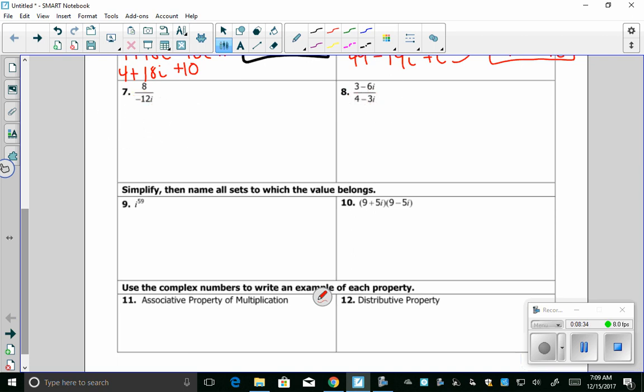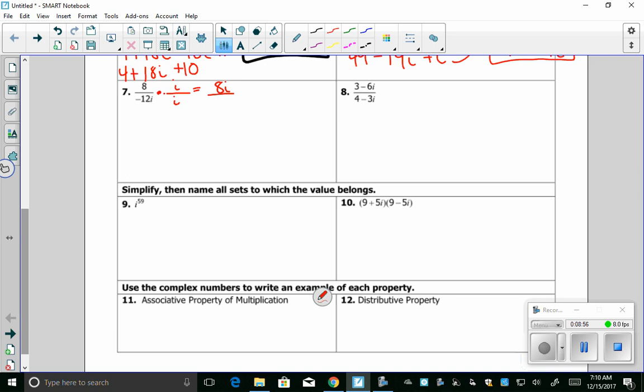So for number 7, if I just have one number on the bottom, you multiply top and bottom by i, because we don't want i's on the bottom. We have to get rid of them. So when I do that, 8 times i is 8i.